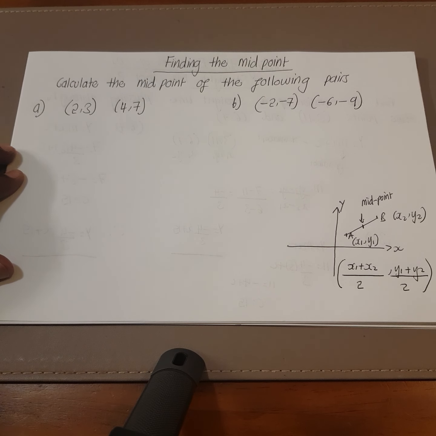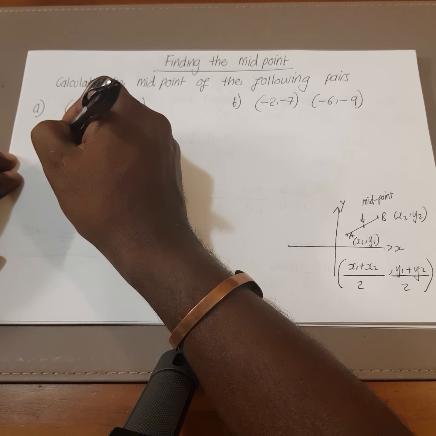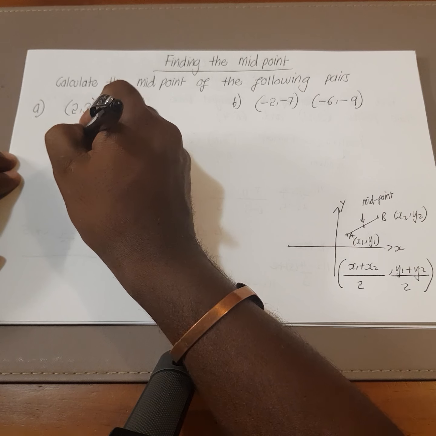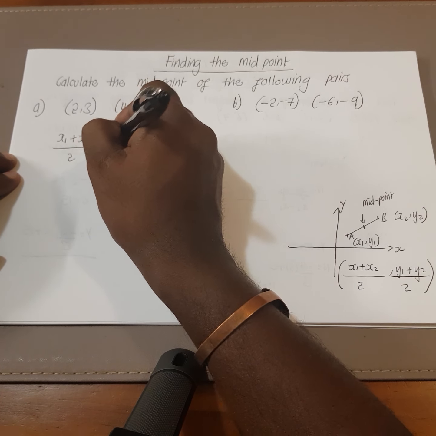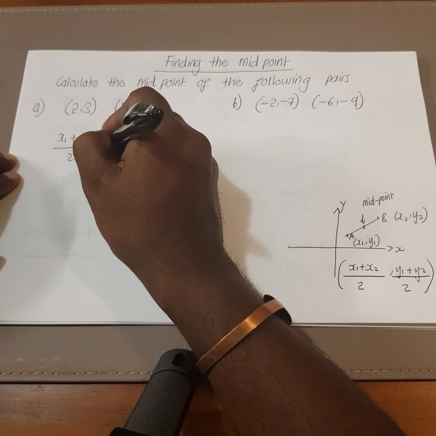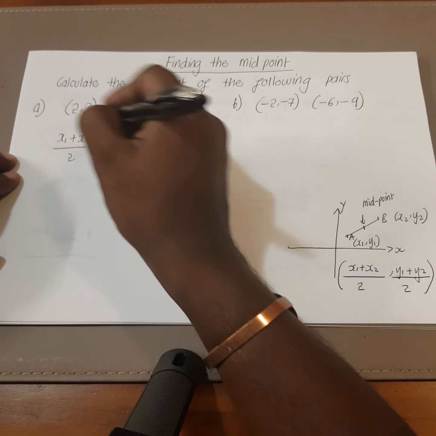So the first thing we need to do, like I mentioned before, it is great practice in maths, in solving maths questions, in writing down the appropriate formula. All right, so the formula for the midpoint is x1 plus x2 divided by 2, y1 plus y2 divided by 2.